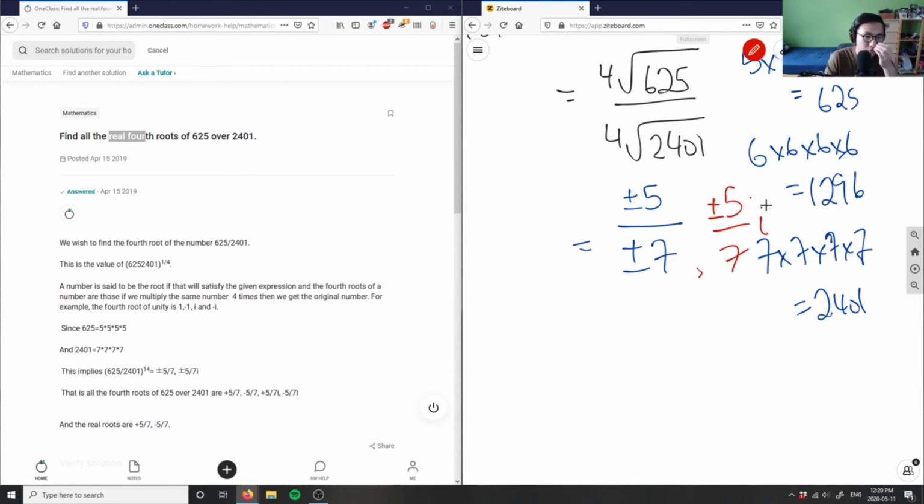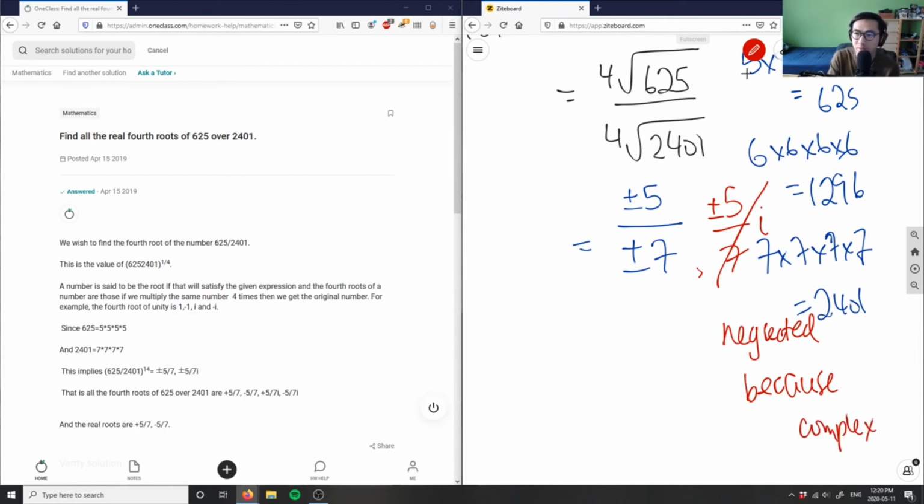We don't really need to know the complex root here, because it's asking just for the real fourth roots. So therefore, this is neglected because it's complex.